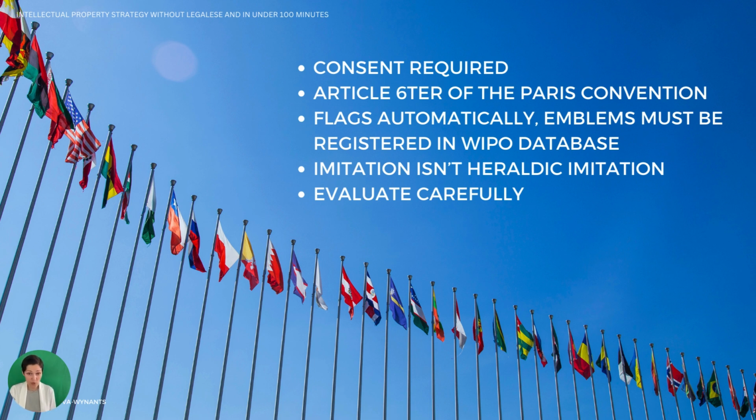Trademarks that incorporate these symbols can only be registered in the trademark register with the consent of the relevant state or relevant organization. Flags automatically enjoy protection, while state emblems and control marks must be registered in the WIPO 6ter Express database to benefit from protection.